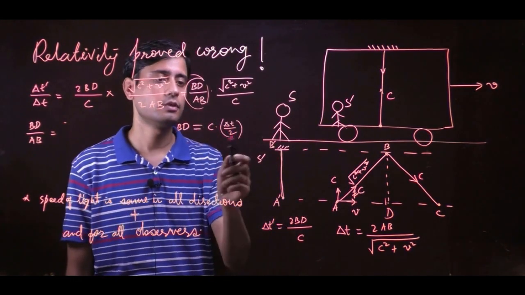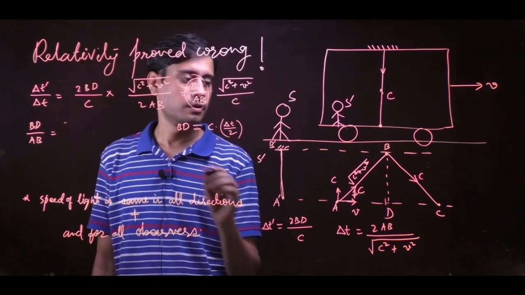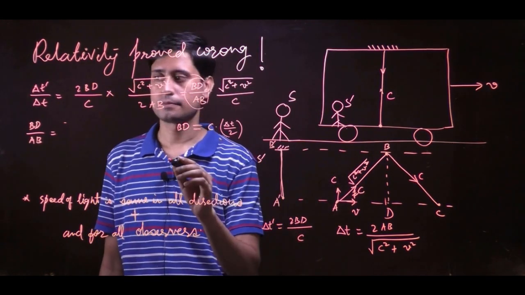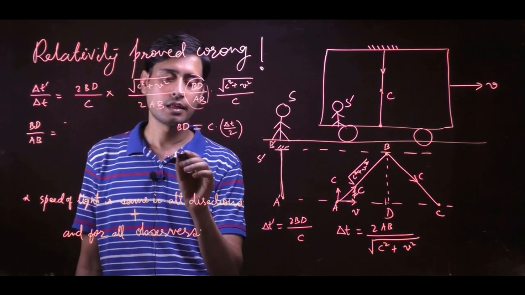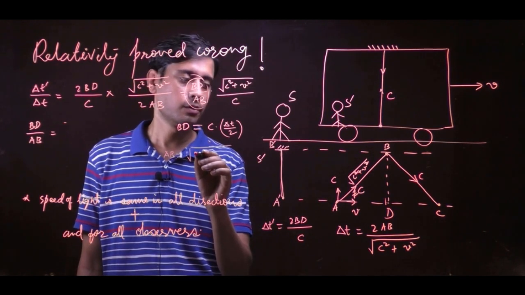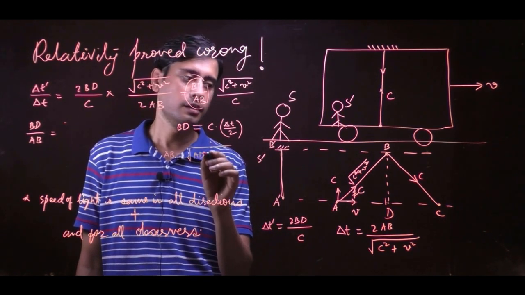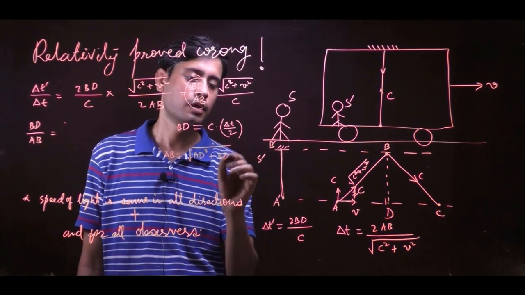Now for AB, applying Pythagoras theorem, AB is equal to square root of AD square plus BD square.